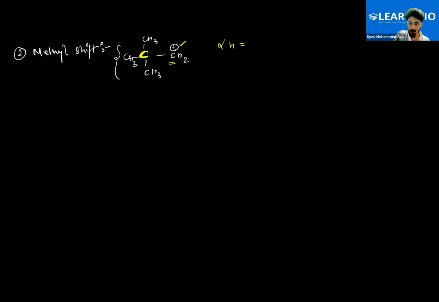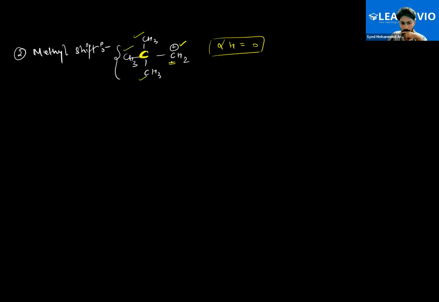Sir, 0. Alpha H is 0, because this carbon is the alpha carbon and the other valencies are filled by methyl groups. This is a methyl group, this is a methyl group, this is a methyl group, and this is also the cationic carbon. So all these valencies are filled other than the alpha carbon, so there is no alpha hydrogen.